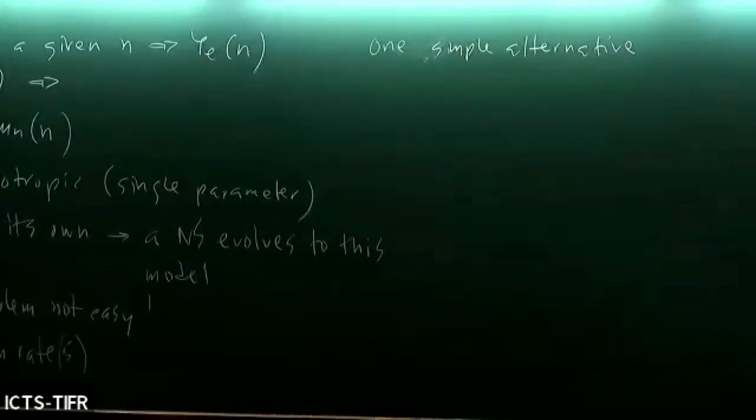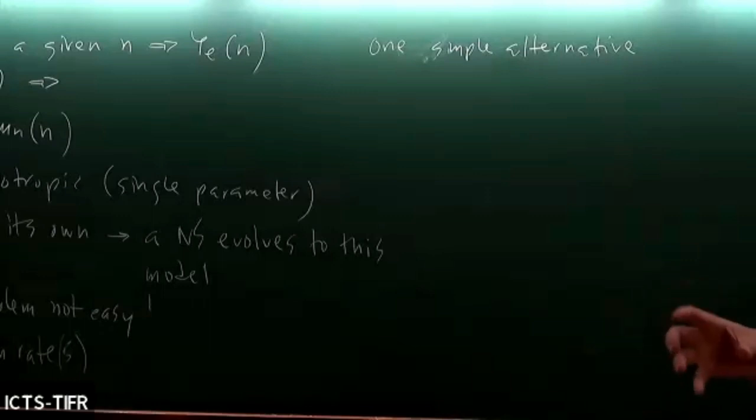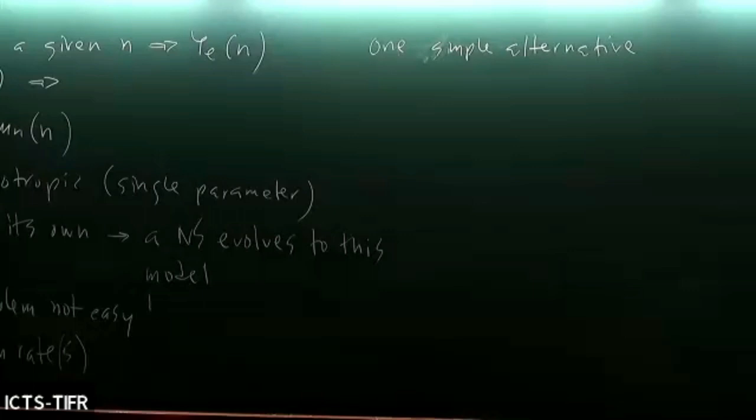So the simple alternative goes like this. If these reactions are really slow, but the motion is fast, then suppose I have a fluid element over here. If I moved it over there and left it, it would change because of these reactions. But before it has time to change, I move it back.